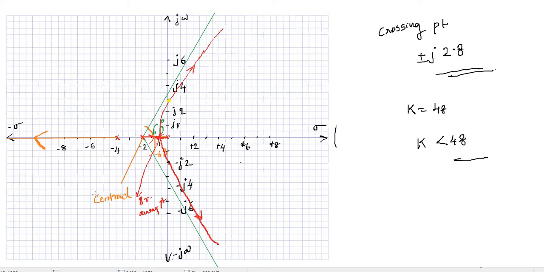When the open loop gain k is equal to 48, it meets the j omega axis and goes to RHS.